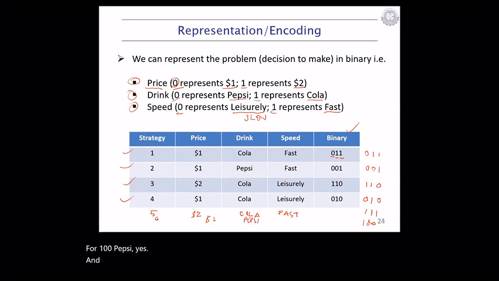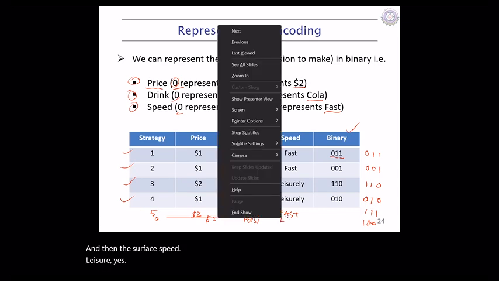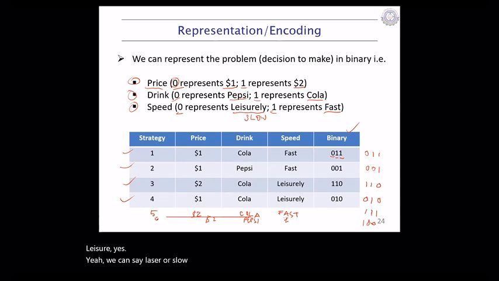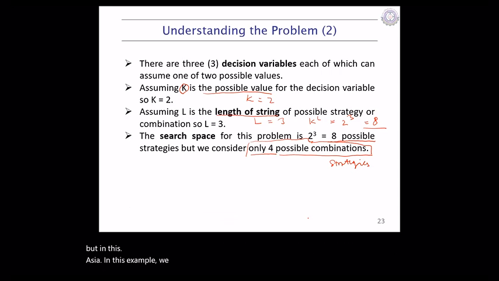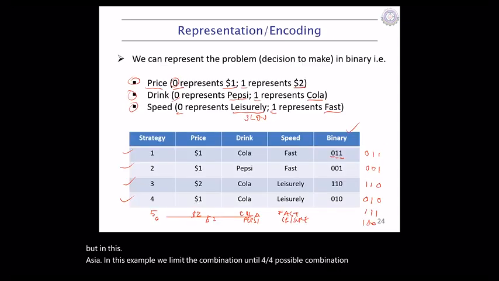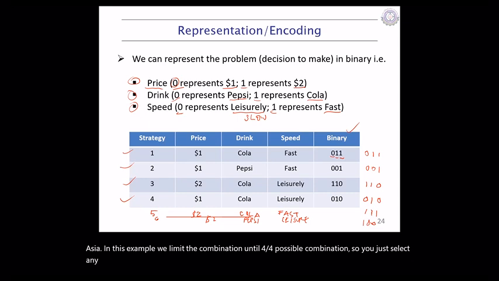And then the service speed, slow. Yes, we can say slow. Okay, so then the binary will be 100. That's all. So we just continue until finished if we want. But in this example, we limit the combination to 4 possible combinations. So you just select any 4 possible combinations.